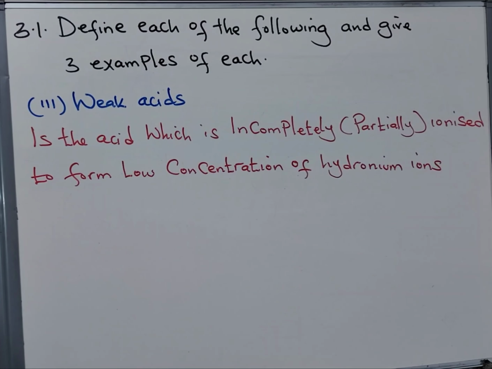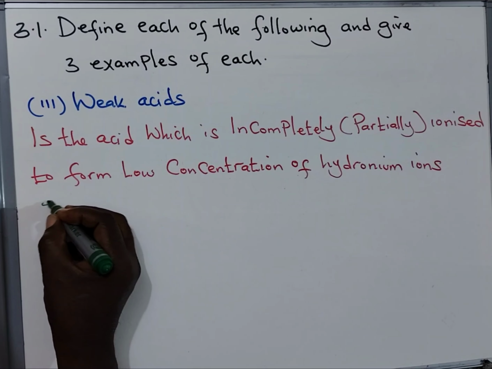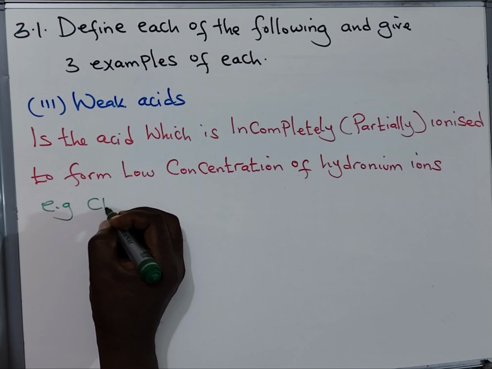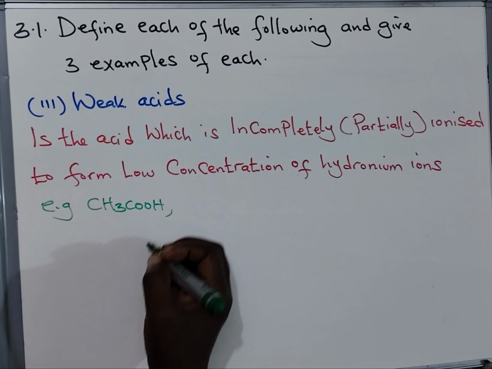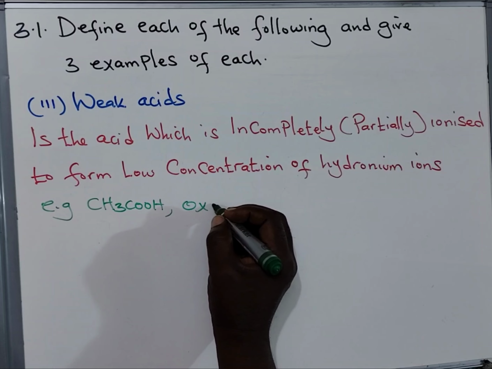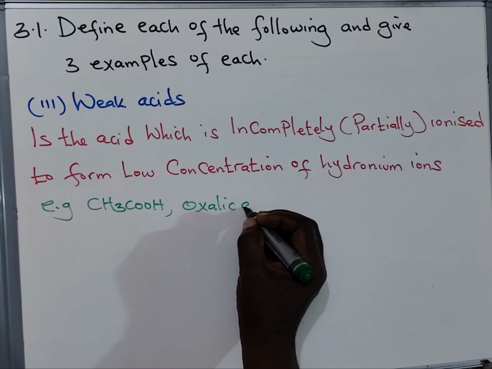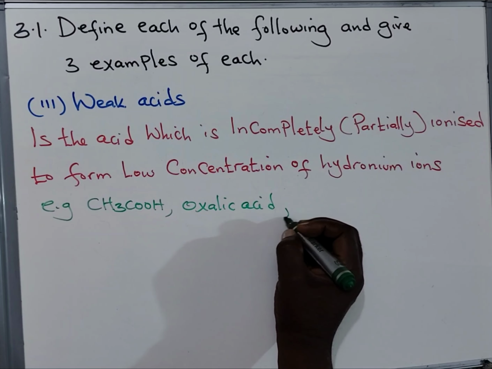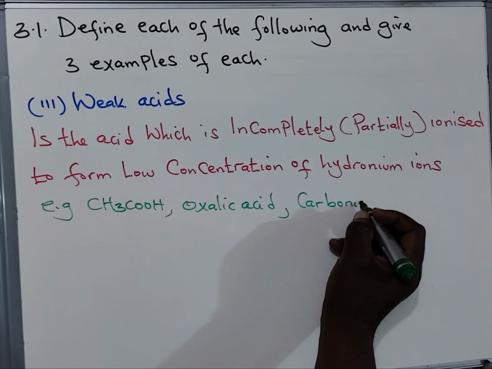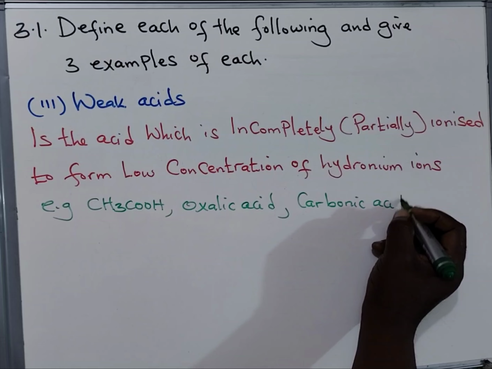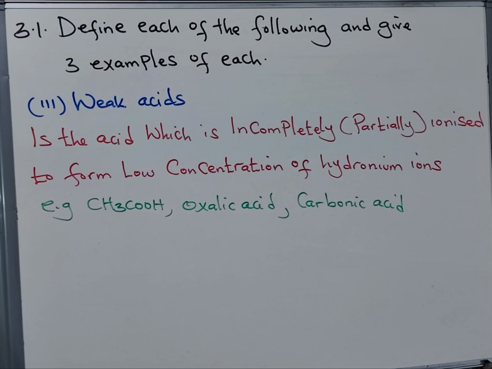And the examples you have are ethanoic acid, oxalic acid, carbonic acid. So these are just few of the examples of weak acids.